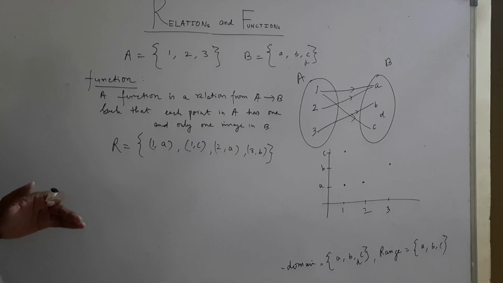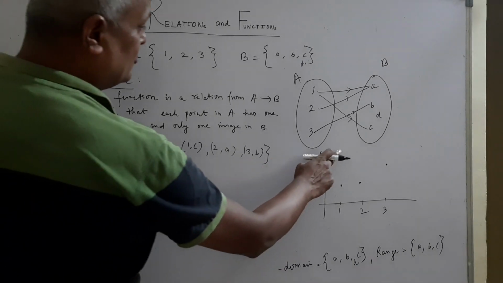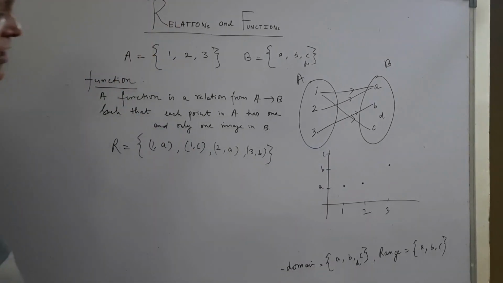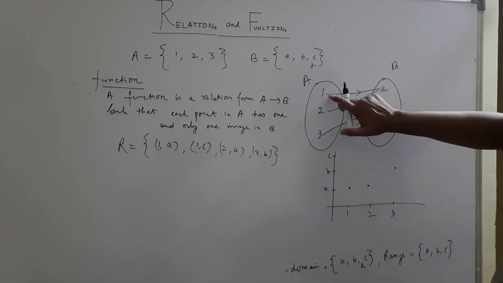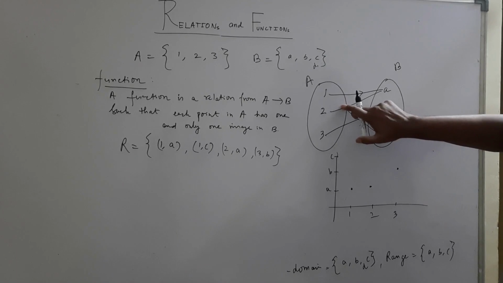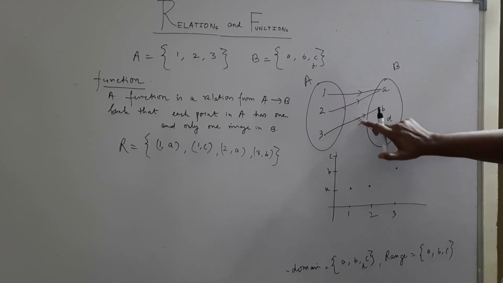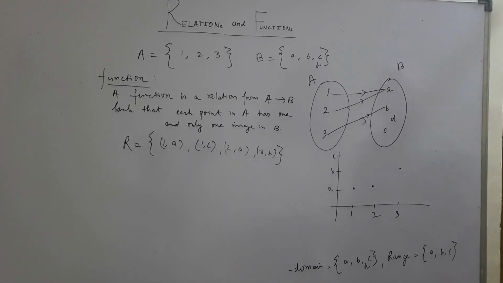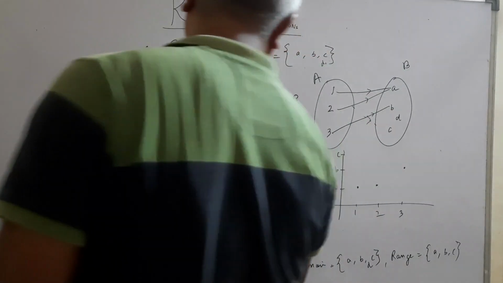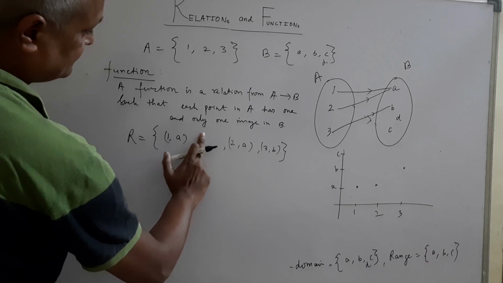That we'll discuss later. But right now, suppose I remove this C, so I have removed the relation 1C, and then you find this becomes a function. So I don't need this 1C.